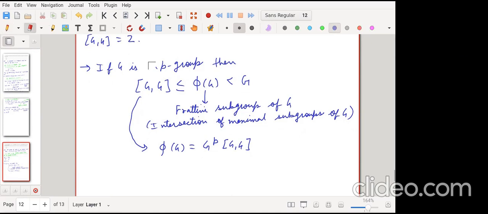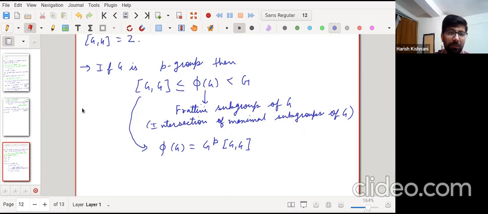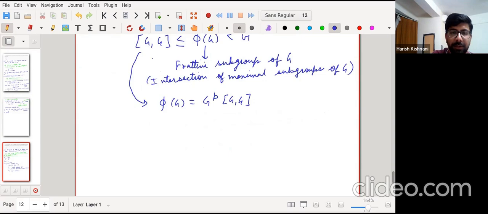So this is true in general for any p-group. You can Google it, or try to check it for whatever examples of p-groups you know. So that's why this won't be true.